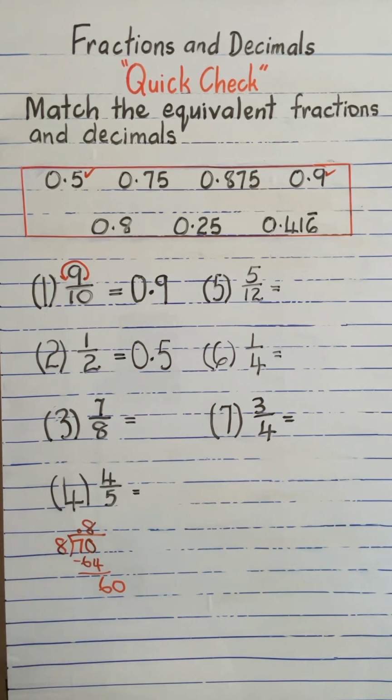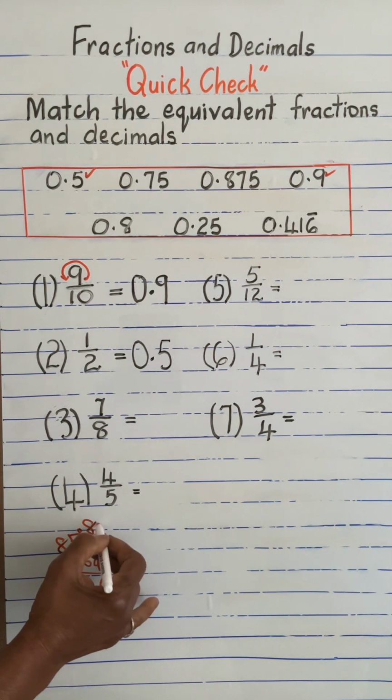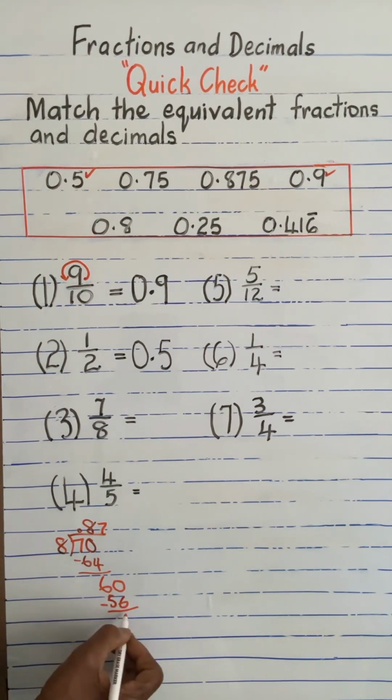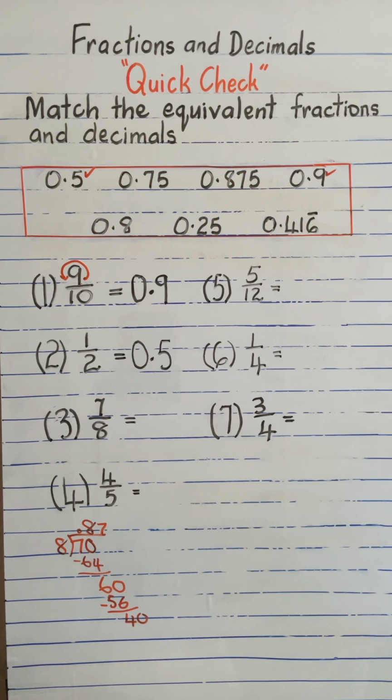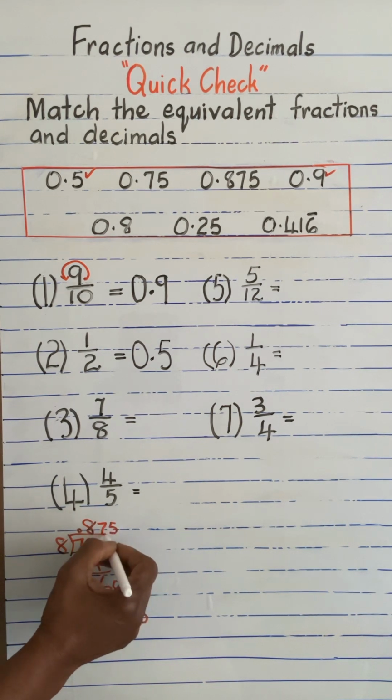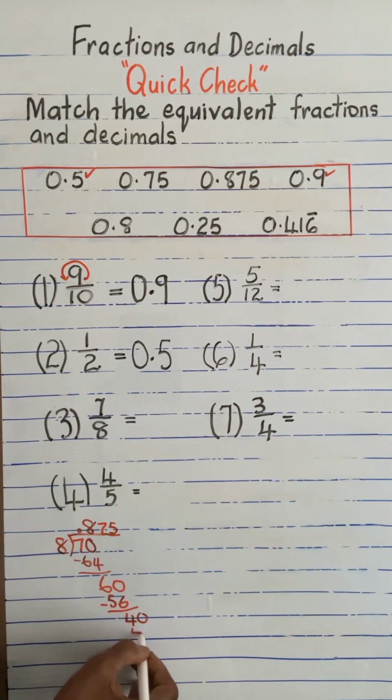How many times can 8 go into 60? 7 8s, 56. So that is 7 times. Subtract, 4. Add a 0. How many times can 8 go into 40? And that is 5 times. Multiply, subtract.